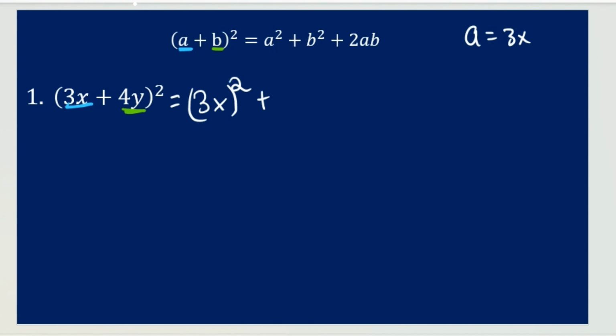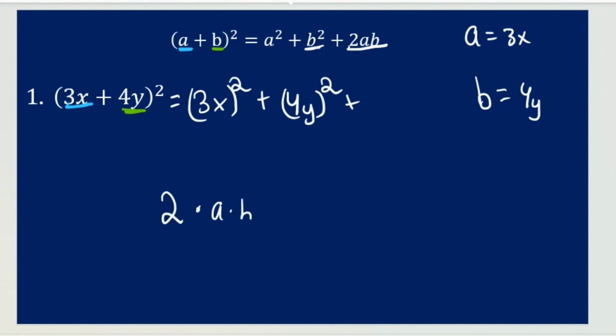Now, plus, here it says b squared. So here b is 4y, so b equals 4y. So b squared, we're going to write (4y) whole square, plus. Okay, now it says 2ab. So that technically means 2 times a times b, right?